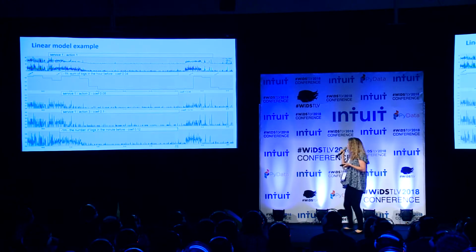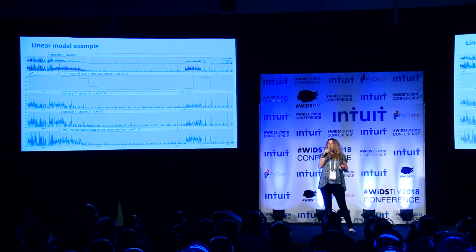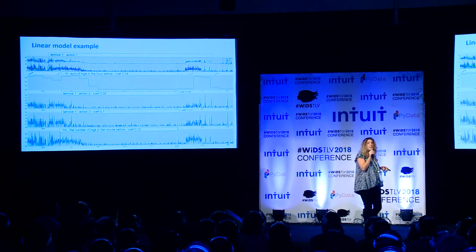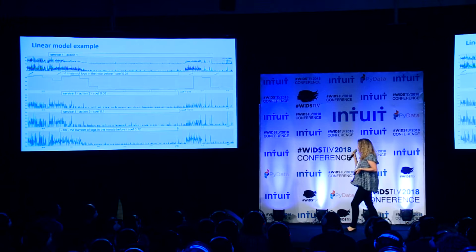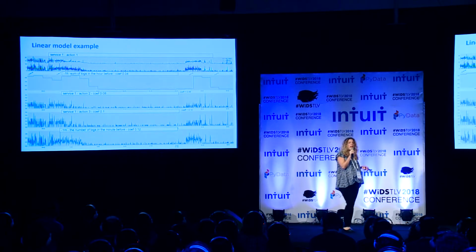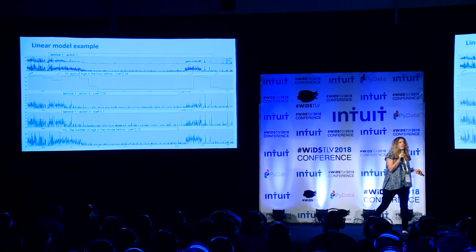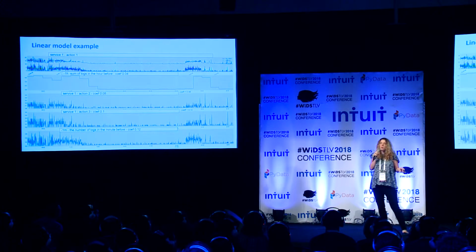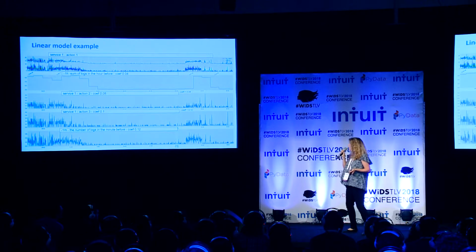On the four bottom plots, you can see the strongest coefficients for this linear model. The top plot shows that the strongest coefficient is actually what happened in the minute before in this time series, because there is probably some smoothness in this time series.